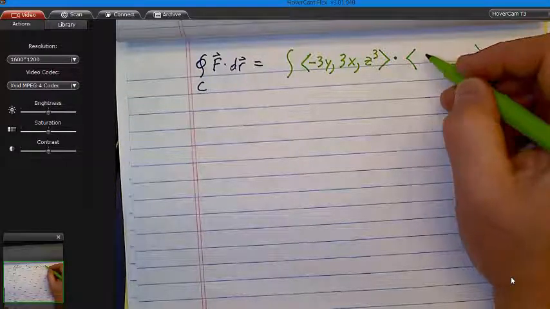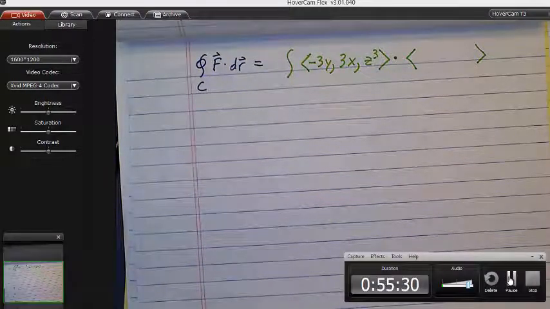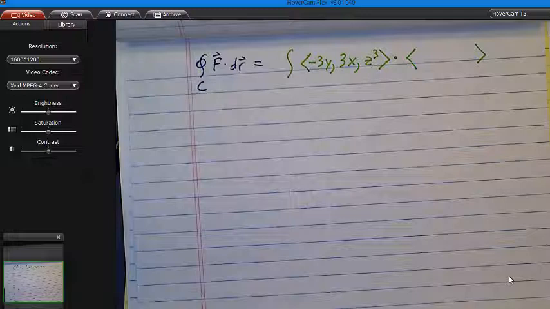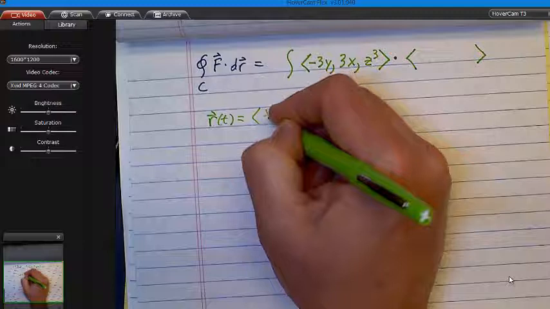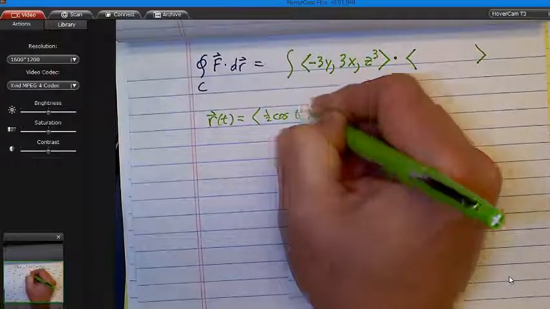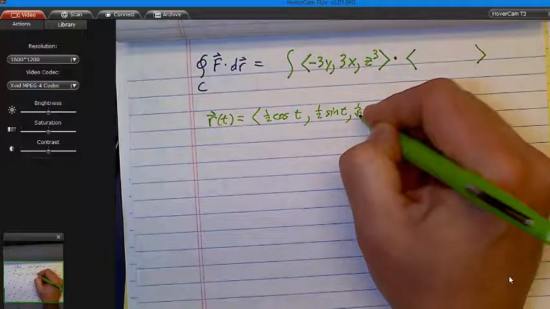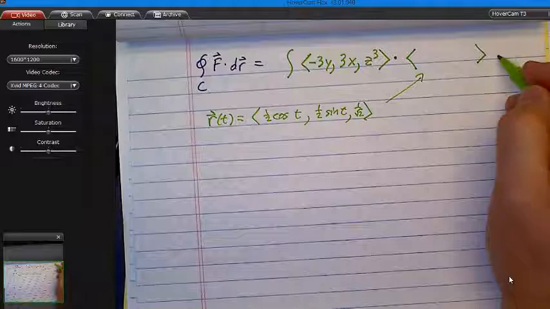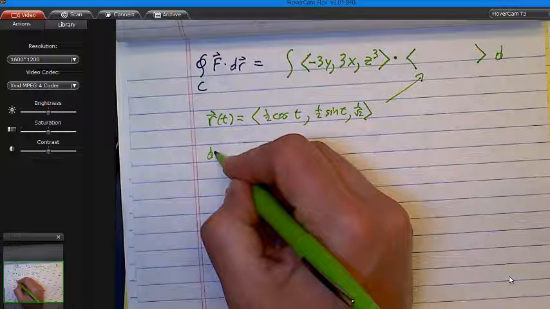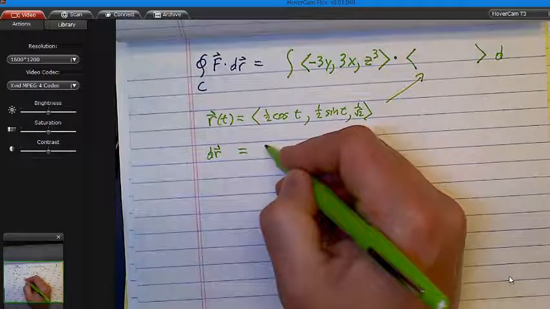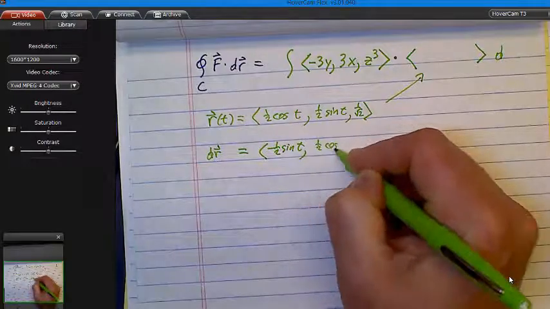Let me think for a moment. Again, since r of t was 1/2 cosine t, 1/2 sine t, and 1 over the square root of 2, then what goes there, my dr, is going to be negative 1/2 sine t, 1/2 cosine t, and 0, right?